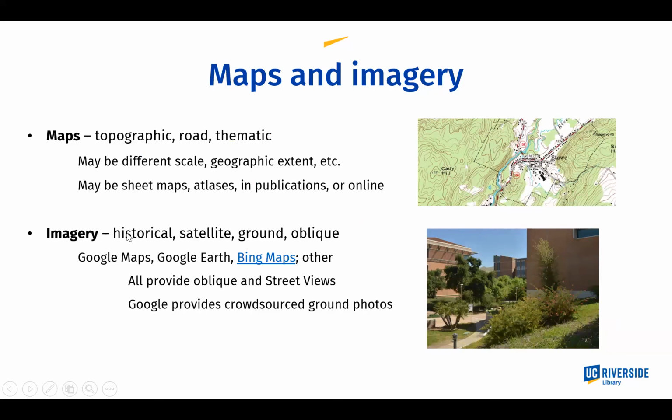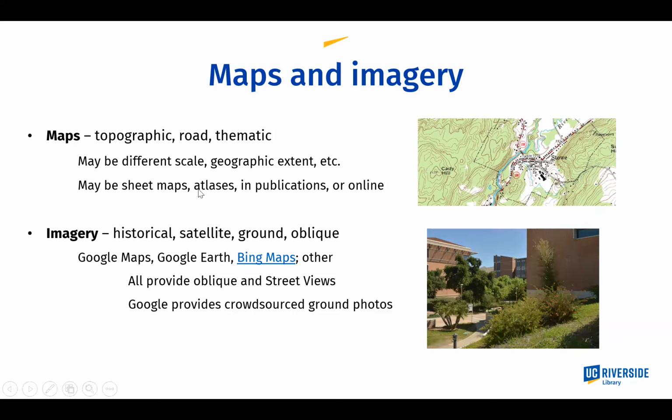And then for secondary imagery, again, you could try to see what you can come up with for historical imagery, if that would be of help, satellite images, ground photos or oblique photos. So I have here Google Maps and Google Earth and Bing Maps as three of the potential secondary image sources you might want to think about if they're not your primaries.